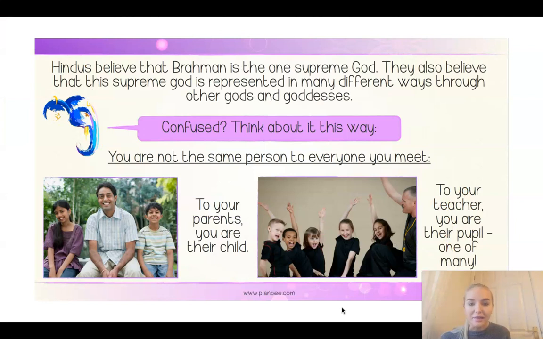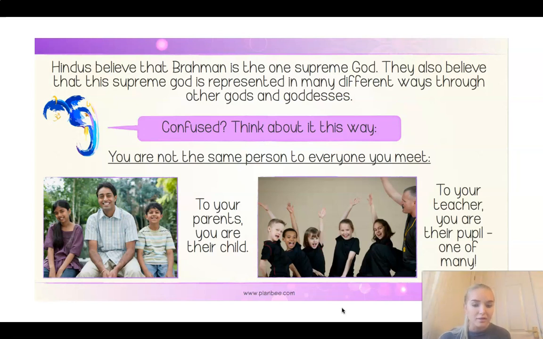And Hindus believe that Brahman is the one supreme God, and they also believe that this supreme God is represented in many different ways through other gods and goddesses. Now, if you're a bit confused, I want you to think of it this way. You are not the same person to everyone you meet. To me, your teacher, you are one of my pupils, one of many pupils.